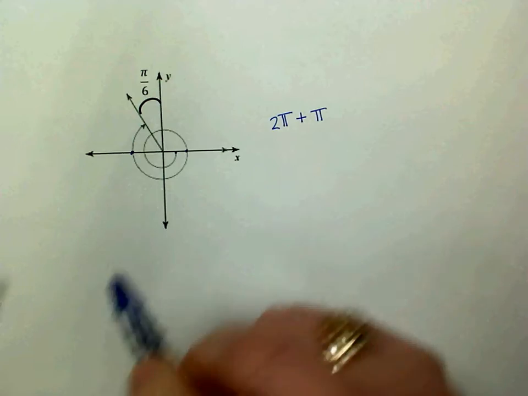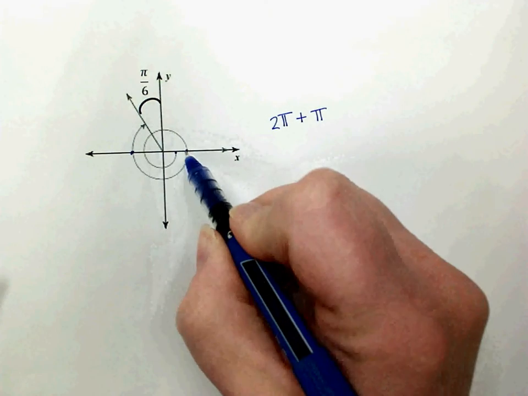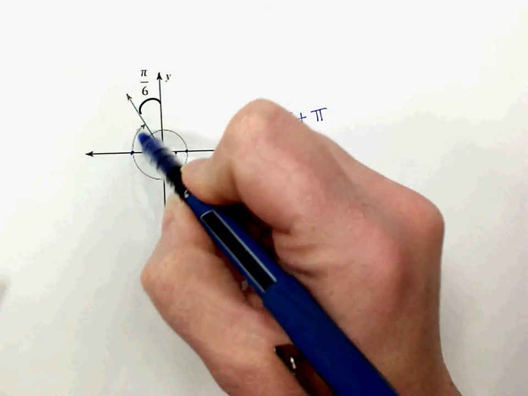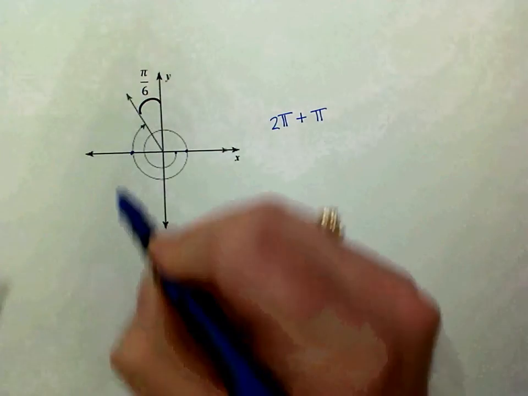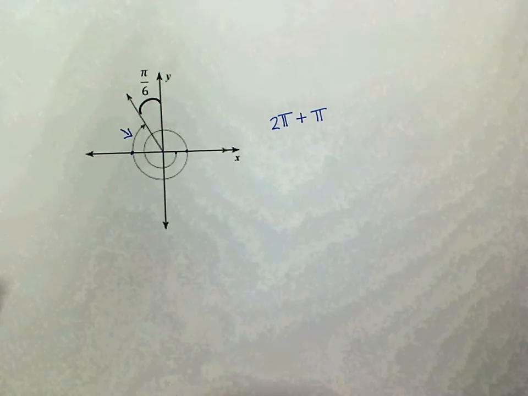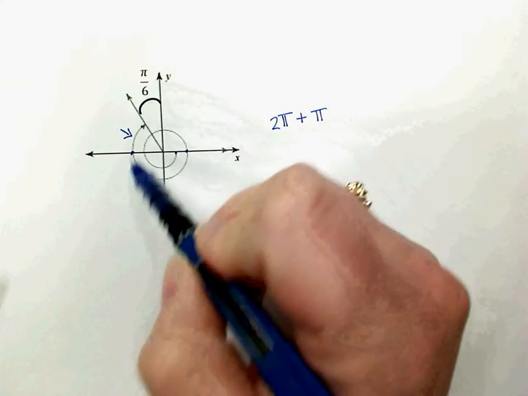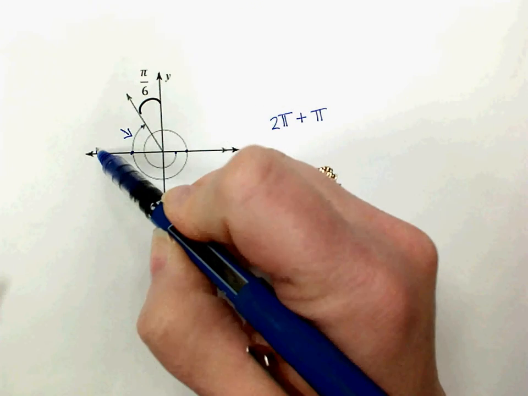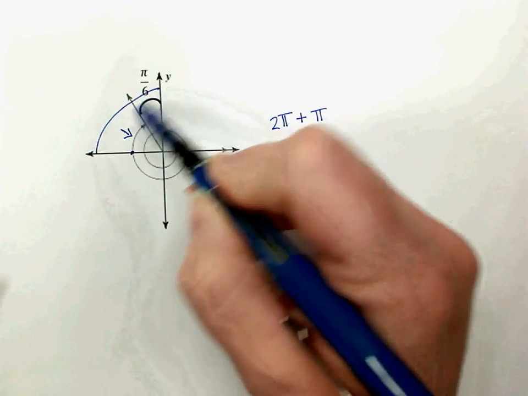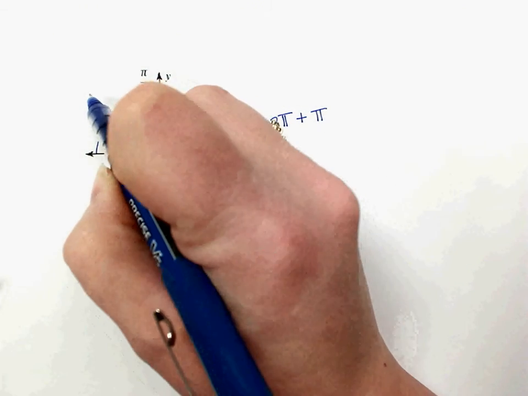So I have the 2 pi plus another pi, and then I have a little bit more that I need to go. So I need to find this section right here. I'm given this unwanted section is the pi over 6, and that is this fourth of the quadrant here, which is the 90 degrees, or pi over 2.